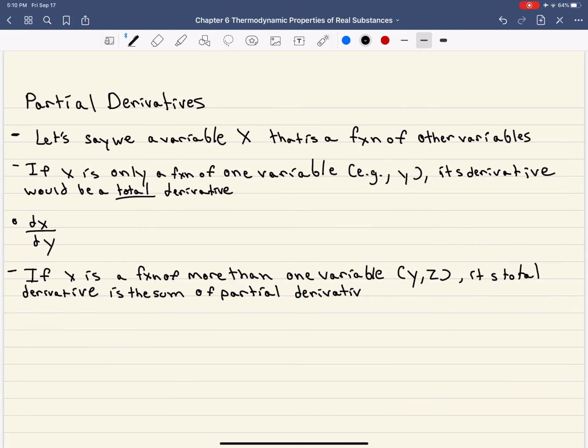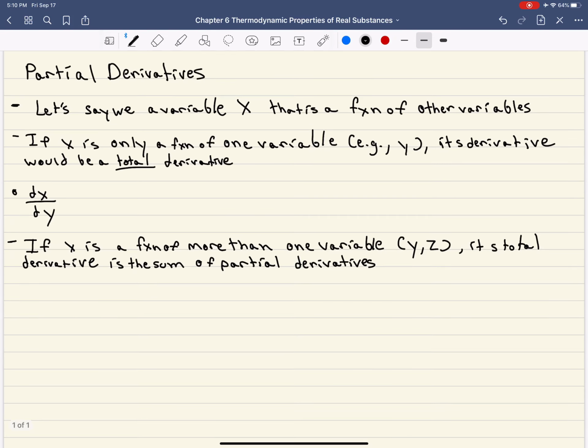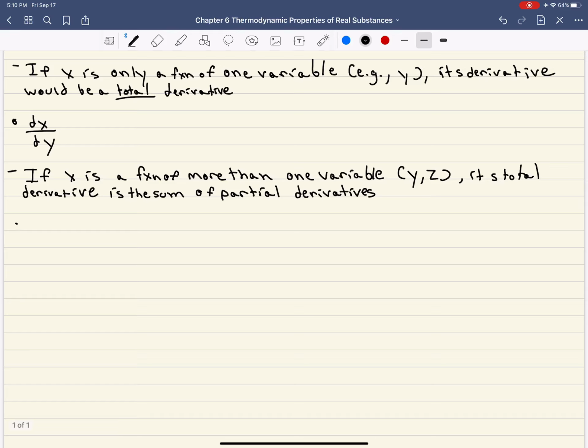Okay? And so the way that we express that mathematically is we say that the derivative of x is going to be equal to this: (∂x/∂y) at constant z dy plus (∂x/∂z) at constant y dz. There should be a z here.